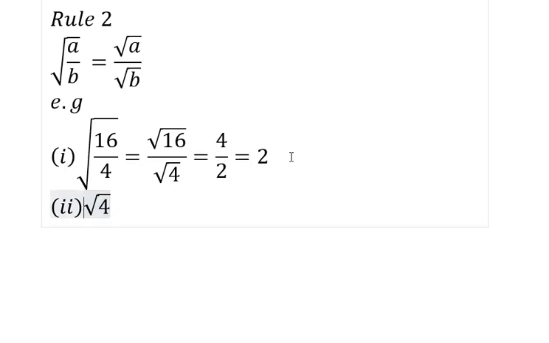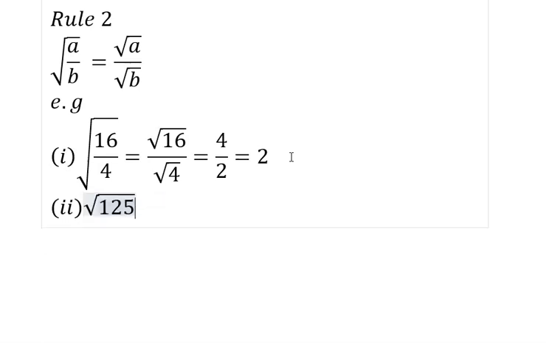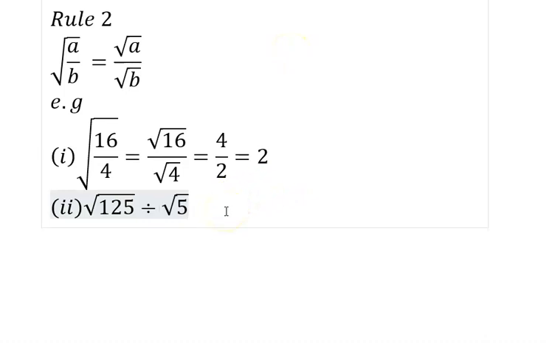So let's see this example: 125, then we want to put our divide here, divided by 5. Beautiful. This is another example. If you have something like this, square root of 125 divided by square root of 5, it is not going to be out of place.